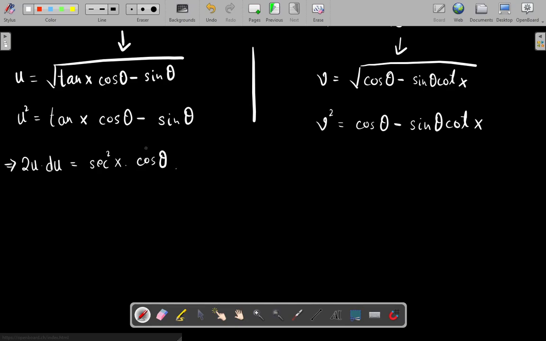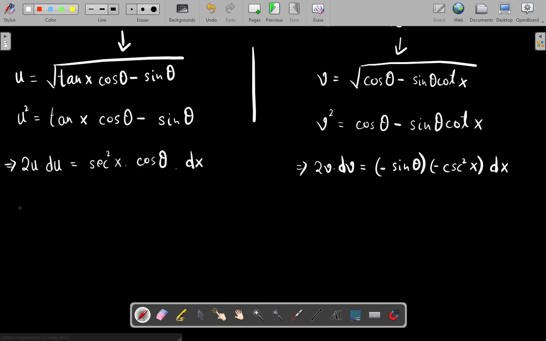Since it is with respect to x, it will be dx, and similarly on this side, this will be 2v dv. This cos theta is a constant, so this will go out. Okay, minus sin theta will be there as a constant, and the derivative of cot x is minus cosec square x, right, dx. Okay, I hope everything is correct so far. Cosec square x sin theta dx.